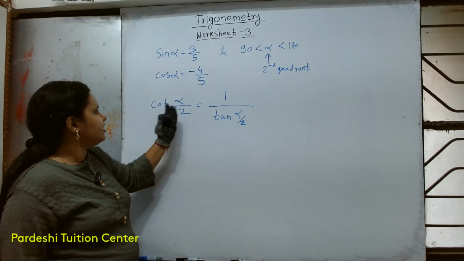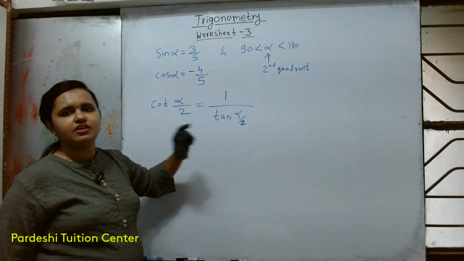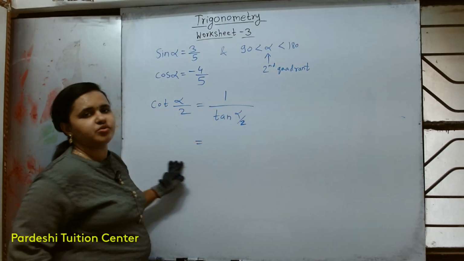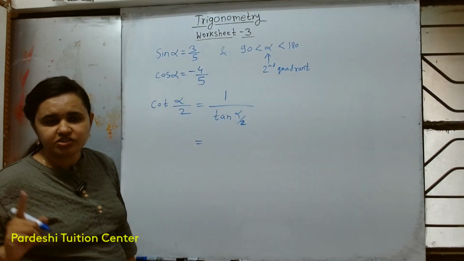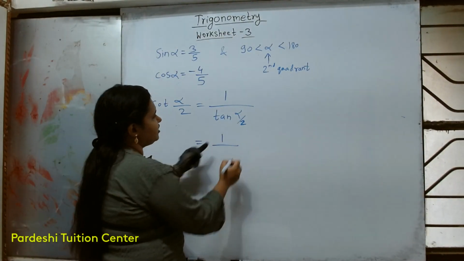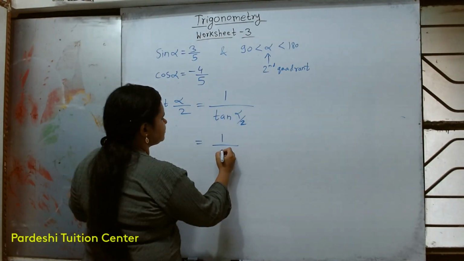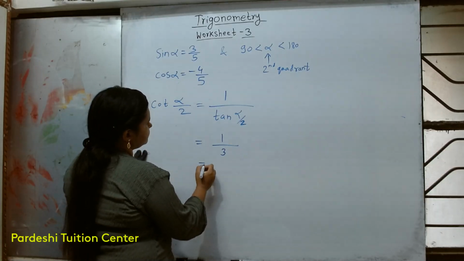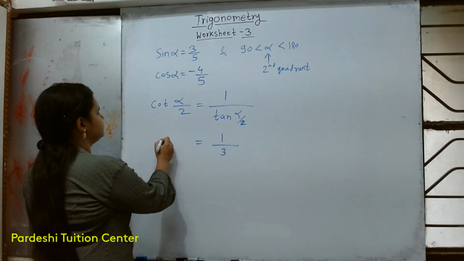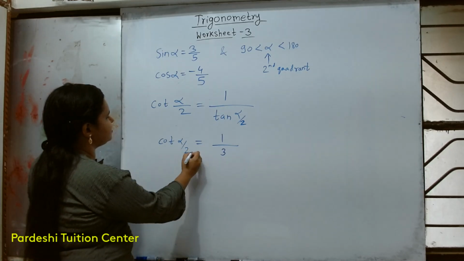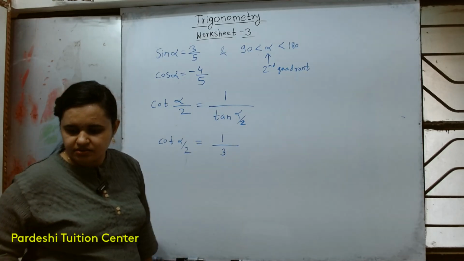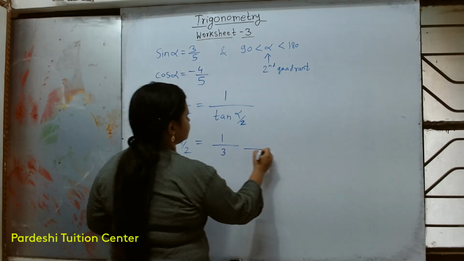So cot alpha by 2 can be written as 1 upon tan alpha by 2, and we have just calculated the value of tan alpha by 2 in C. What was that? It was 3. So it will be 1 upon 3. We have cot alpha by 2 equals 1 upon 3. So it is the option P.